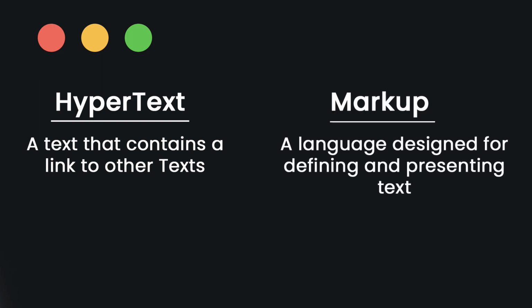What does this mean? Markup is a language that is designed for defining and presenting text. For example, HTML. HTML is a language designed for defining and presenting text on a website page.